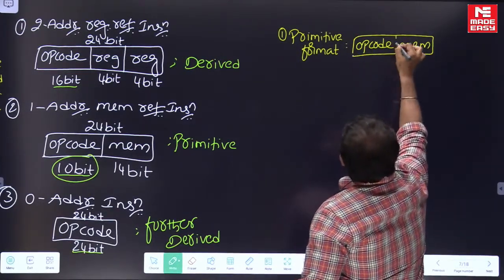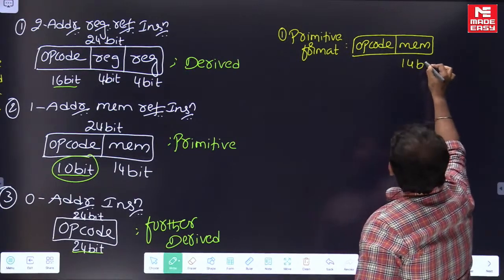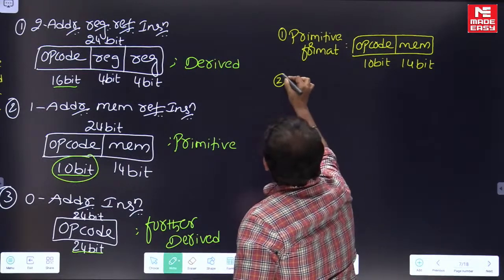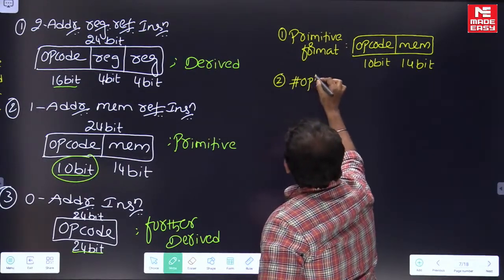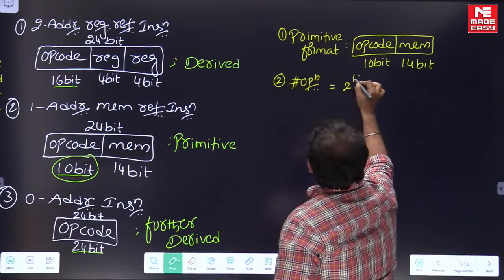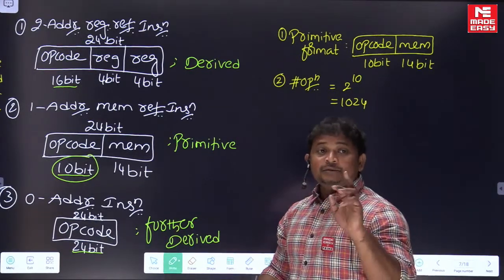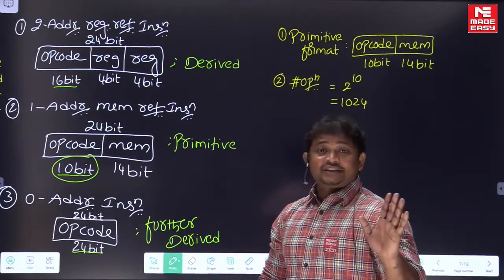So the memory address is 14 bit, opcode size is 10 bit. A 10 bit opcode means number of operations equal to 2 power 10, that is 1024. So 1024 one address memory instructions are possible in the system.